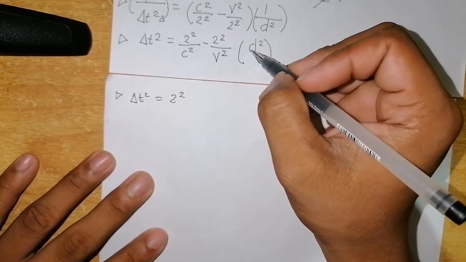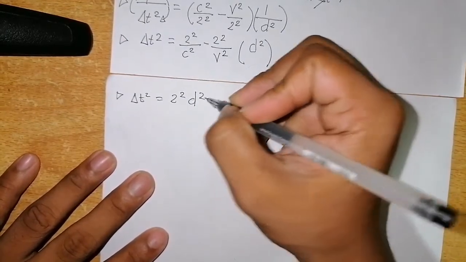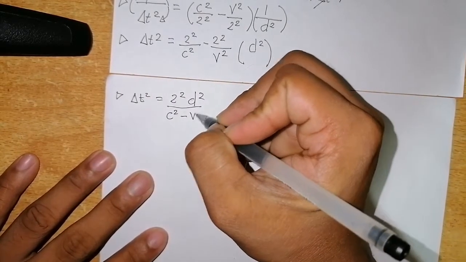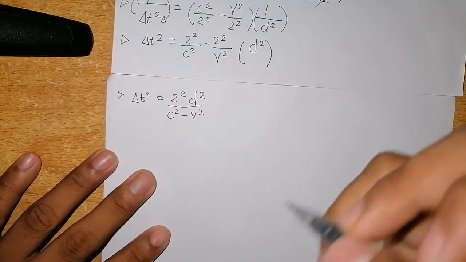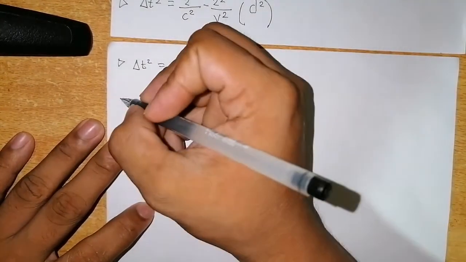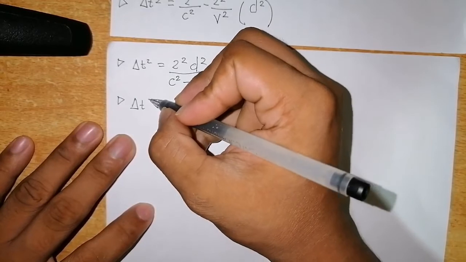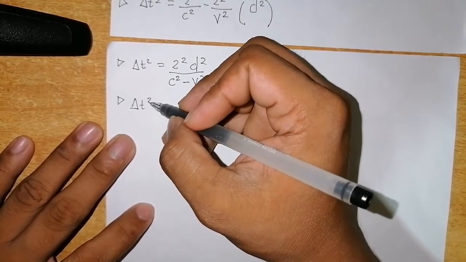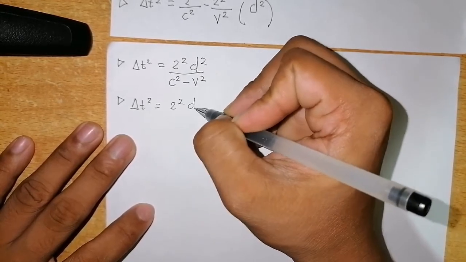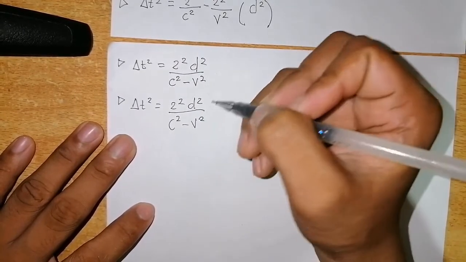Considering that we can already combine these two things, you can place 2d, and below we have the c squared minus v squared. And next, you can still simplify this into a smaller one, and also get rid of this 2 if we have this 2 squared d squared over c squared minus v squared.